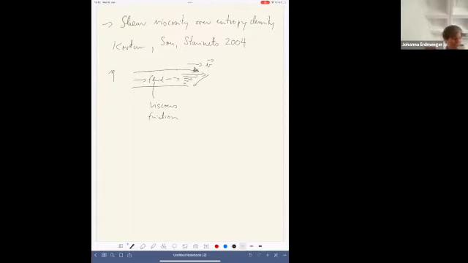So this viscosity eta measures the gradient of the velocity. The viscosity is a transport coefficient.